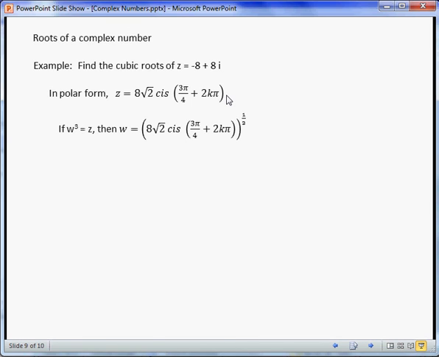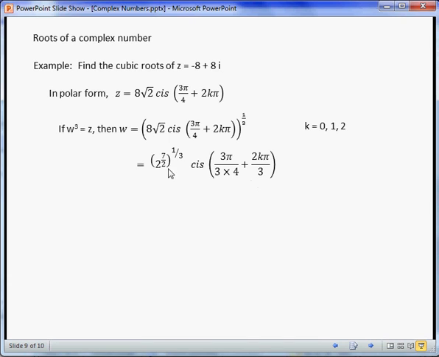Okay. w cubed equals z. So the cubic roots of z is w. So I'm raising z to the power of 1/3. Okay, now de Moivre's theorem tells me that I raise the r to the power of 1/3 and I multiply theta by 1/3.